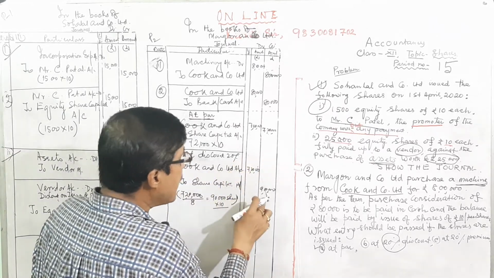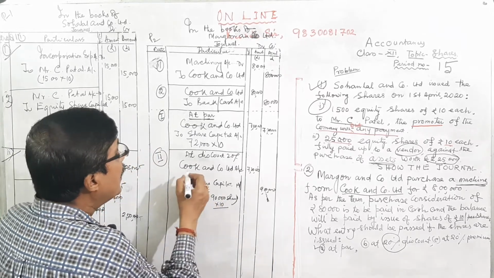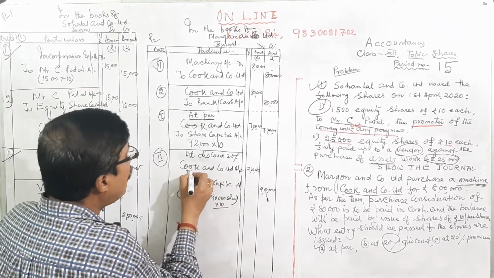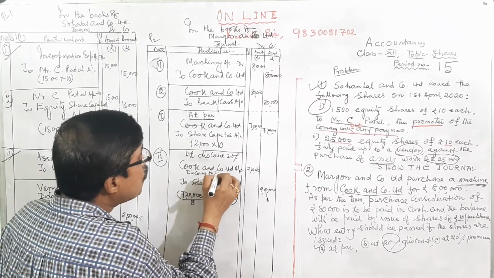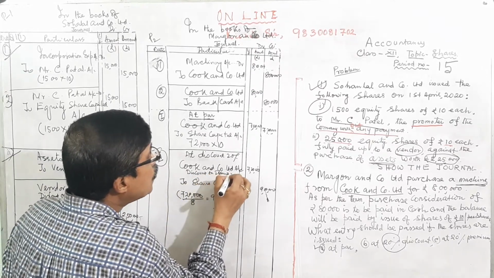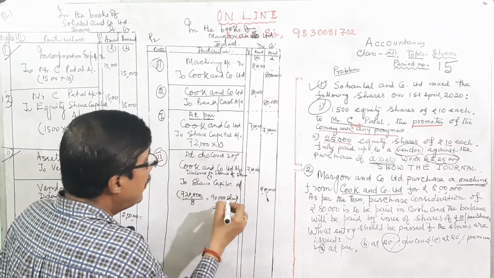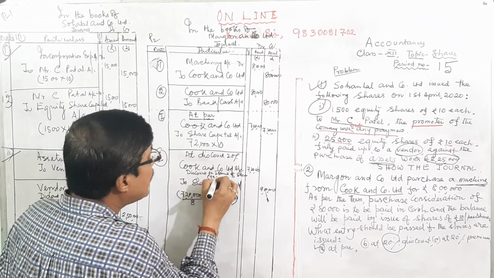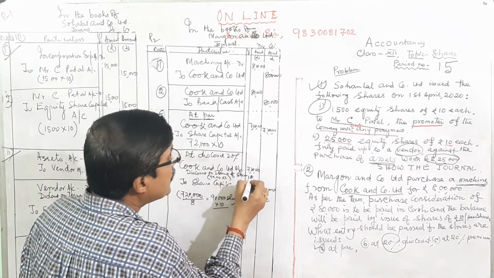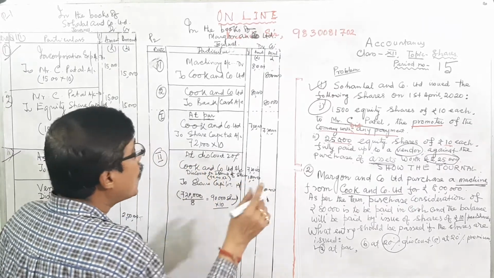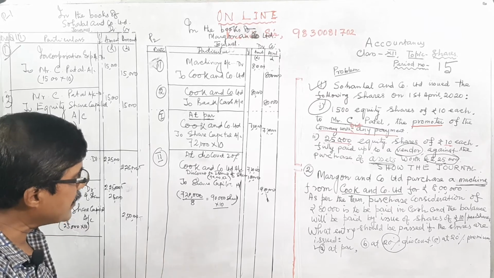To pay off 7,20,000, the rest portion, 90,000 into 2, is the discount on issue of shares, that is 1,80,000. That means Cook and Company is getting a 1,80,000 discount.